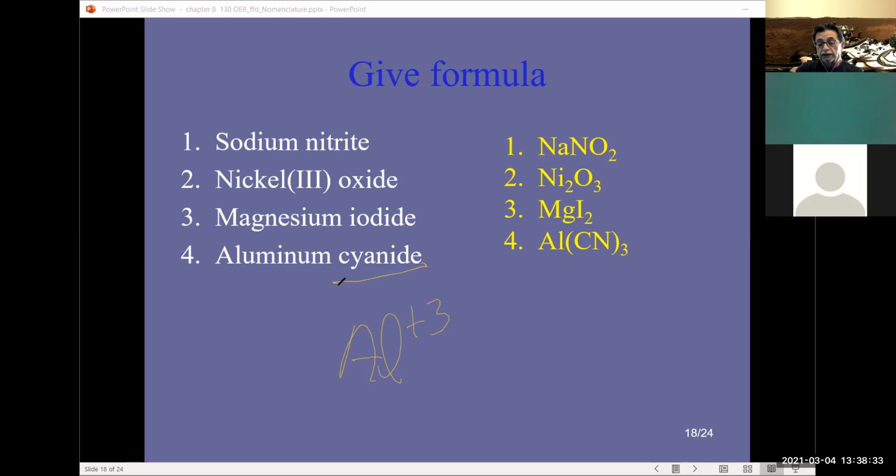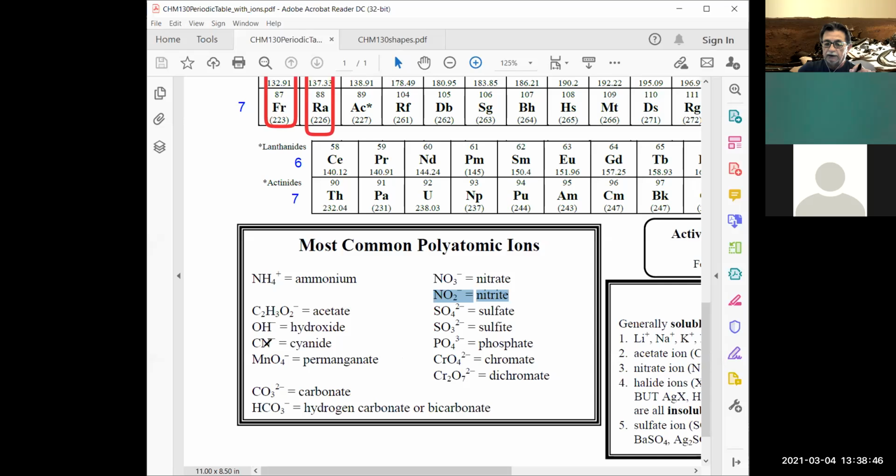The cyanide, that's the one that may be a little bit of a problem, but shouldn't be, because the term itself hopefully would direct you to the polyatomic ions, which are right here. Cyanide is the polyatomic ion that you're working with for that problem, CN negative.